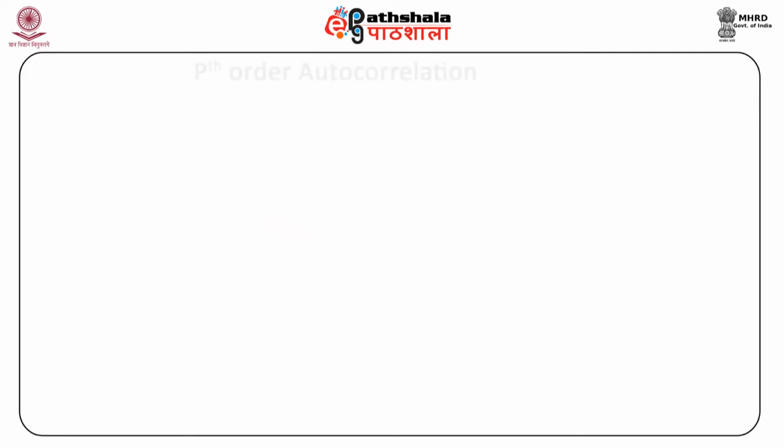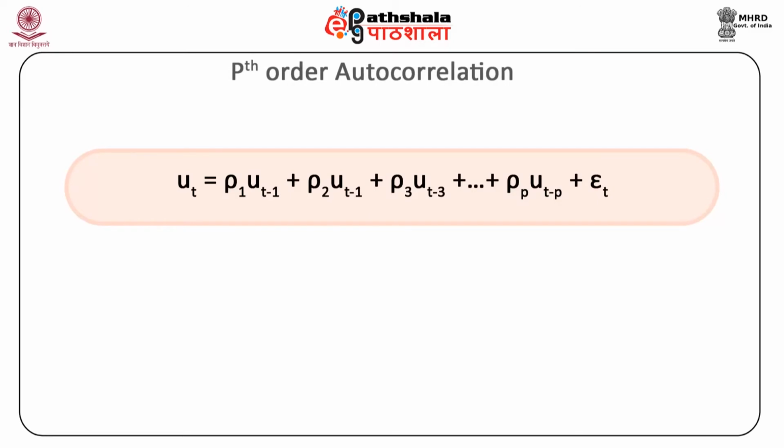The last is the pth order autocorrelation. In general, the autocorrelation may be of any order, and a pth order autoregressive process AR(p) may be written as ut equal to rho 1 ut minus 1 plus rho 2 ut minus 2 plus rho 3 ut minus 3, and so on up to rho p into ut minus p plus epsilon t.